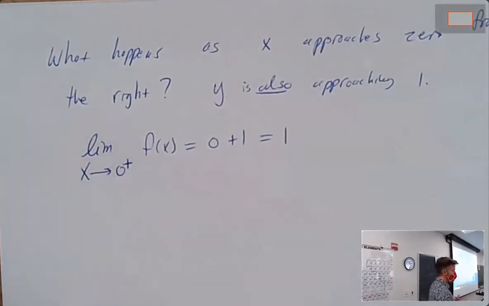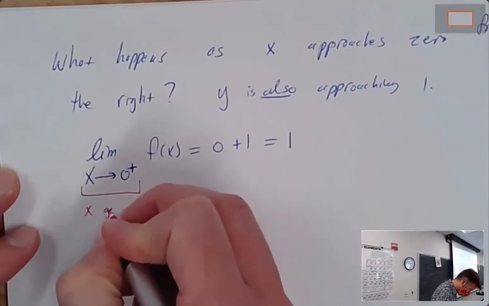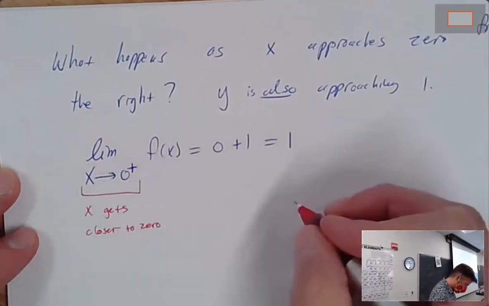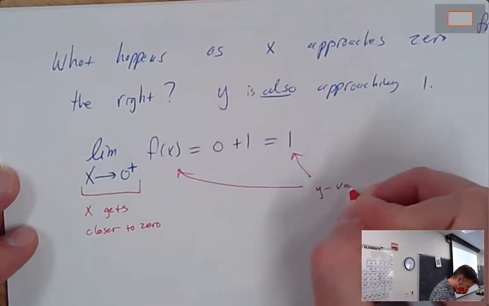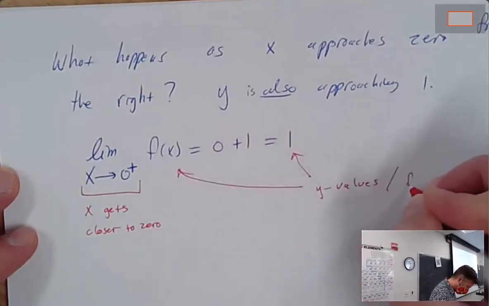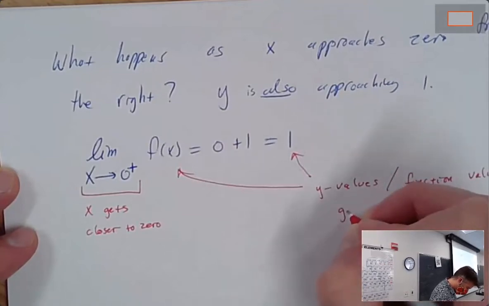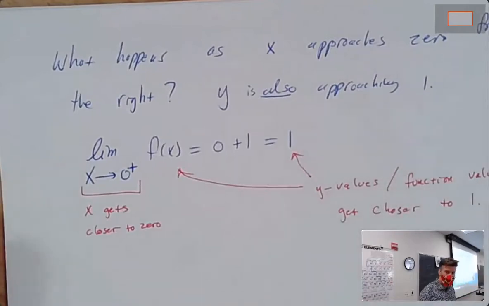And again, all this means is that as the x values get closer and closer to 0, the y values get closer and closer to 1. So I should really point out, as x gets closer to 0, the y values, or if you prefer, you can say the function values, it's the same idea, get closer to 1.